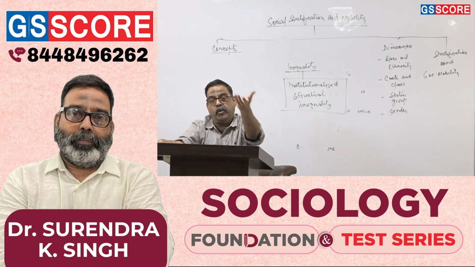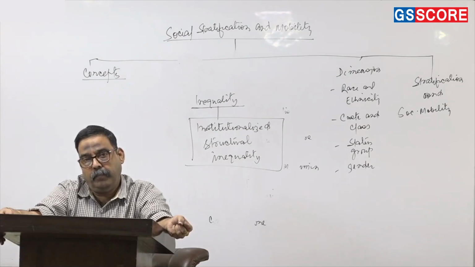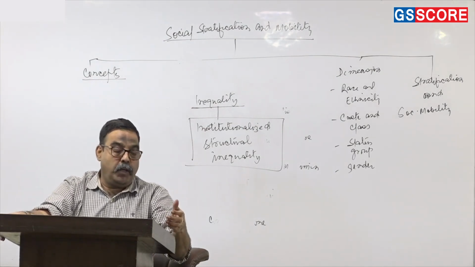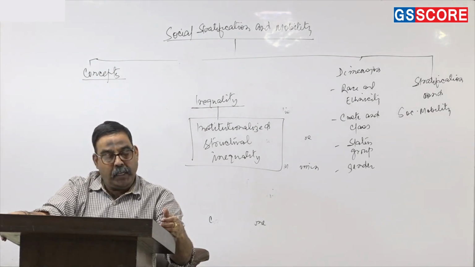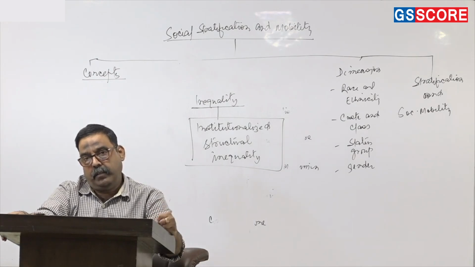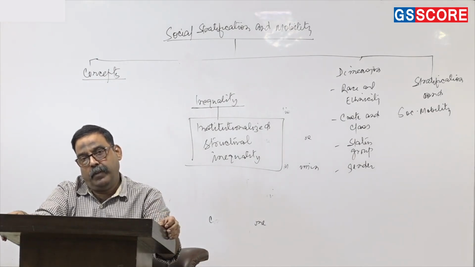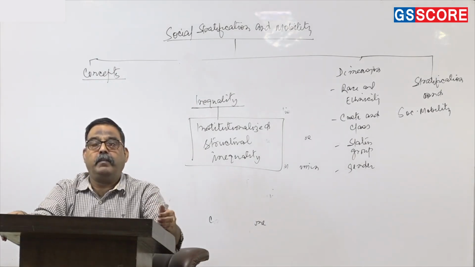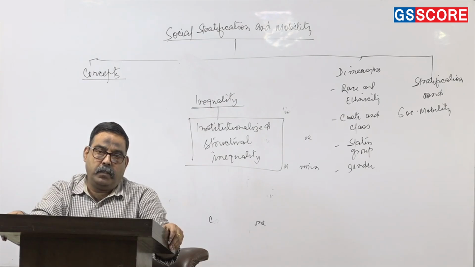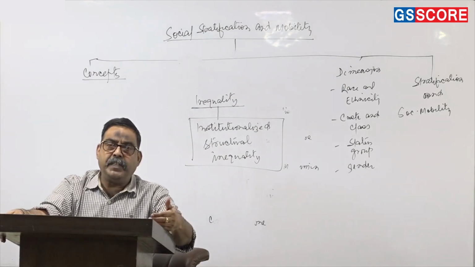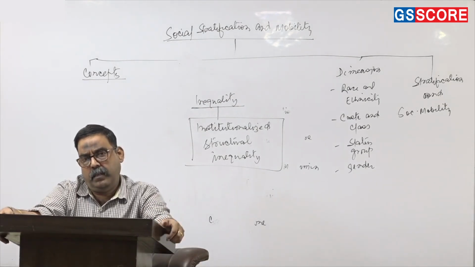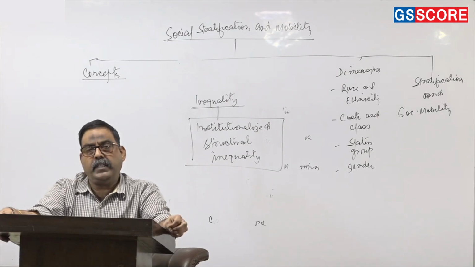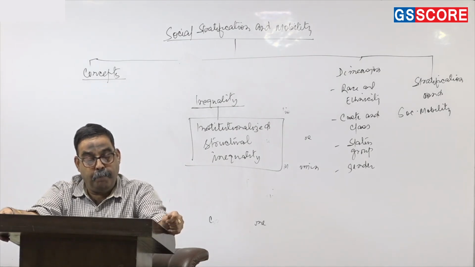It's a vertical upward mobility. Say, if the supervisor of a factory is promoted as a manager, it is an upward vertical mobility. Similarly, if the manager has been demoted as a supervisor, that is a vertical downward mobility.